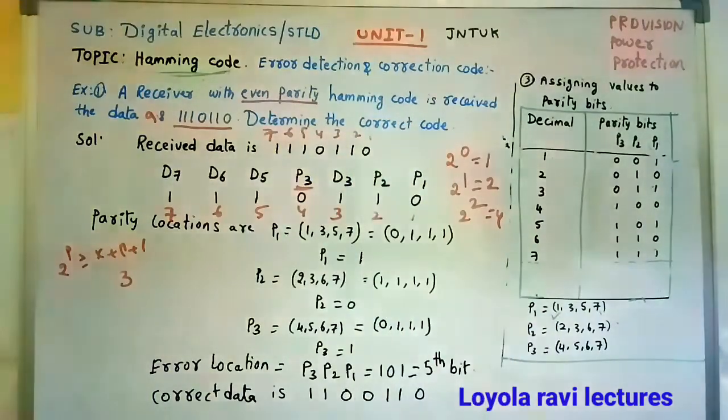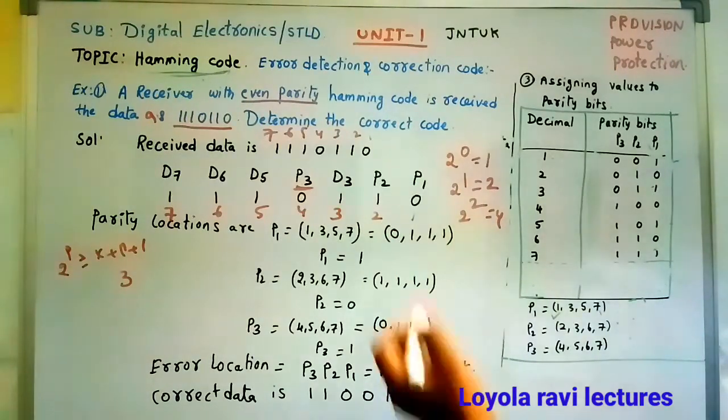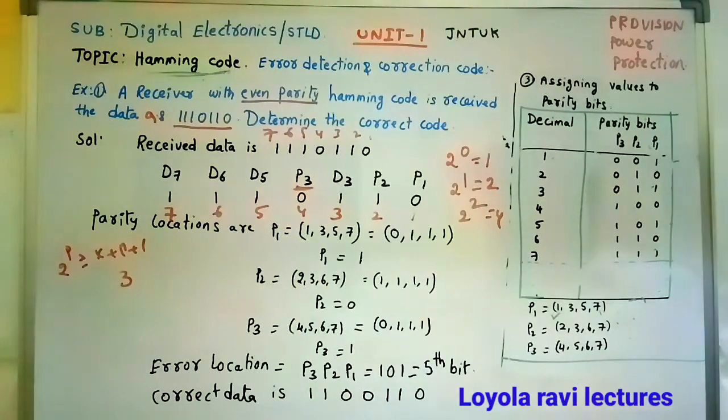P1, P2, P4, because the fourth bit is a parity bit. So P1, P2, P4 you may take as parity bits, and D3, D5, D6, D7 are the information bits, the data bits. The remaining bits are data bits.